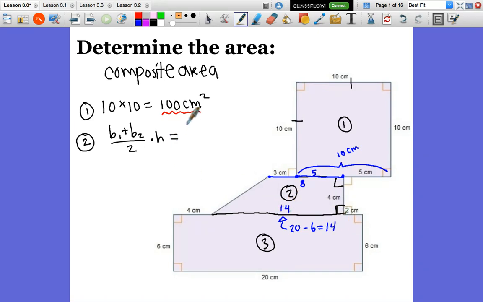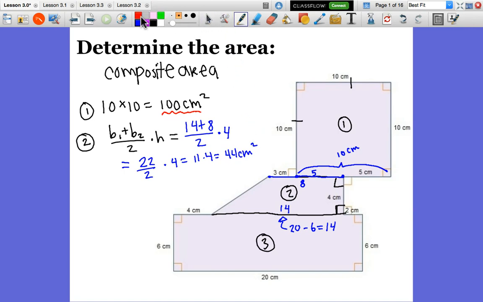So now I know my two bases. 14 plus 8 divided by 2 times the height, which is the perpendicular distance between those two bases, so times 4. So 14 plus 8 is 22 divided by 2. So it's 11 times 4 is 44 centimeters squared.